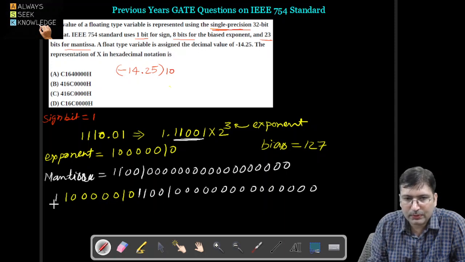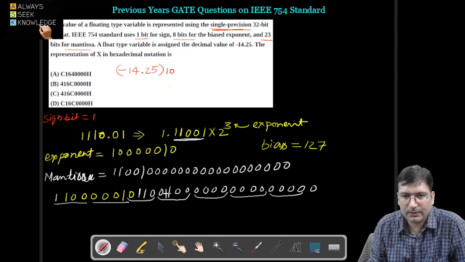I'm making groups of 4 bits because I need to convert this bit pattern into hexadecimal. The remaining bits will be 0 only.